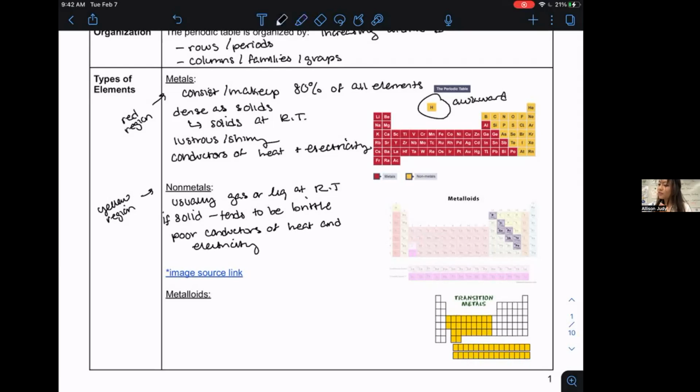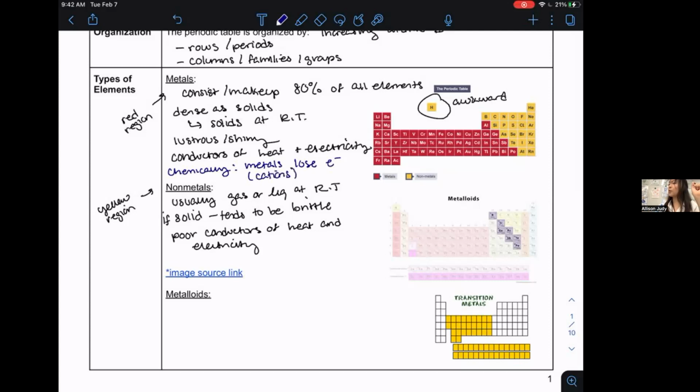Chemically wise, so far I've described everything as a physical feature. So far I've described pretty much all physical nature of these general big categories of elements. Chemically wise, you should know this about metals. Chemically, okay, metals lose electrons. And what they do is they like to become cations.